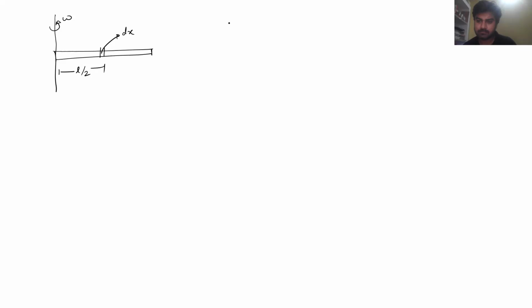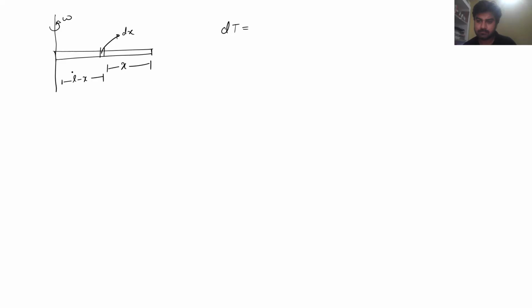So this dx part will have a tension, which is dT. Let's say this is not L by 2, this is L, this is X. So this will be L minus X.